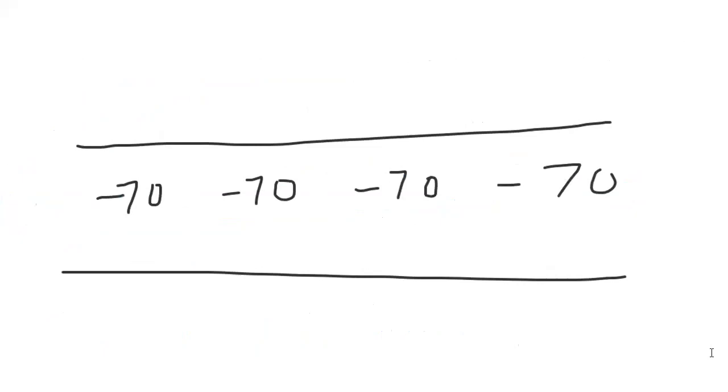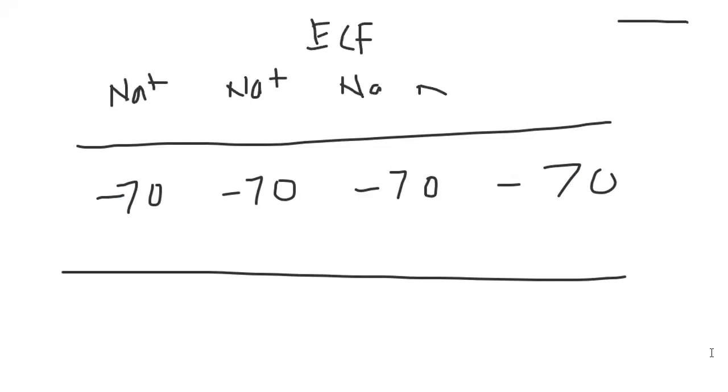And I already said the very important basic to remember: influx of sodium ions leads to the charge increasing, and efflux of potassium ions makes the charge decrease. Now I am drawing here the sodium ions in the extracellular fluid, and I will draw the potassium here.